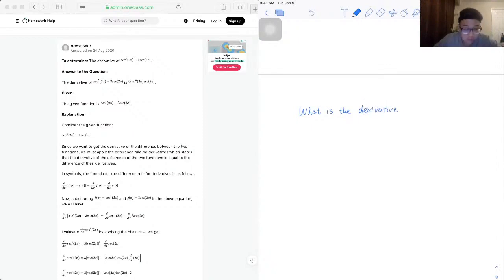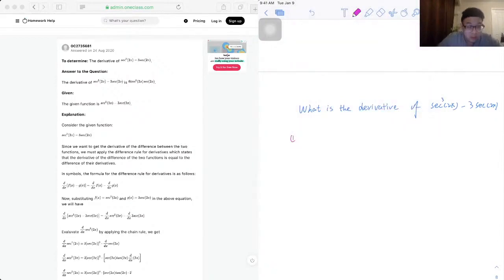What is the derivative of secant 2x to the exponent of 3 minus 3 secant 2x? Before jumping to this question, there are a few things that we'd like to first introduce.